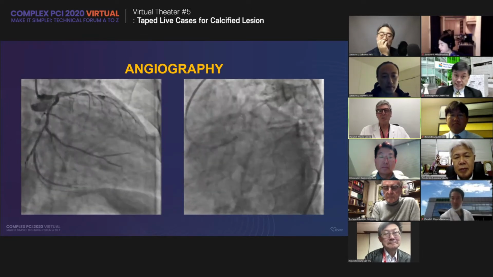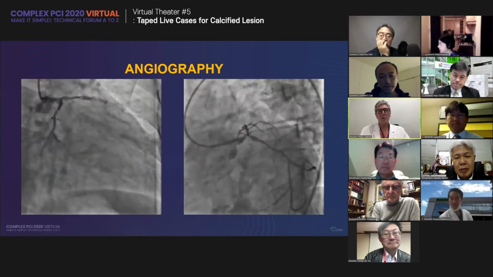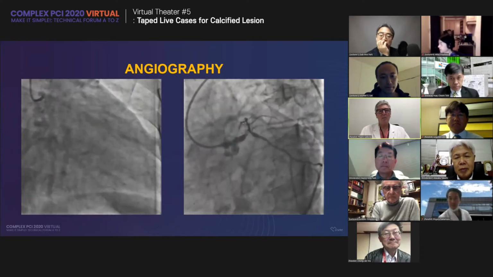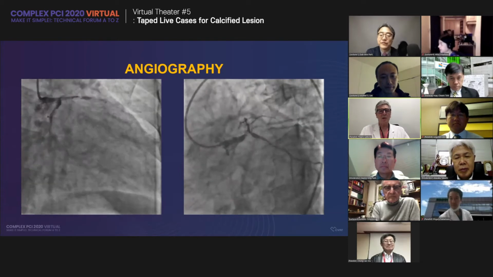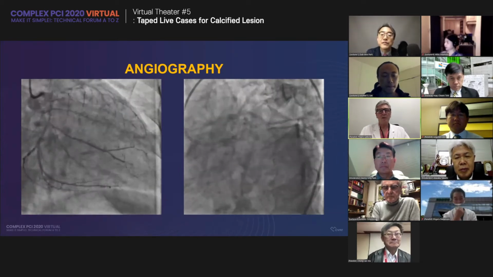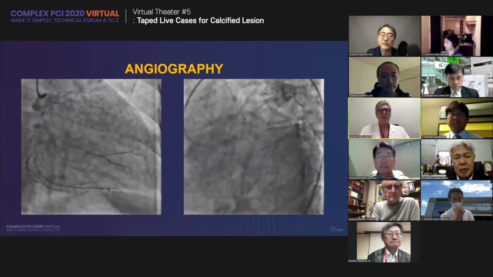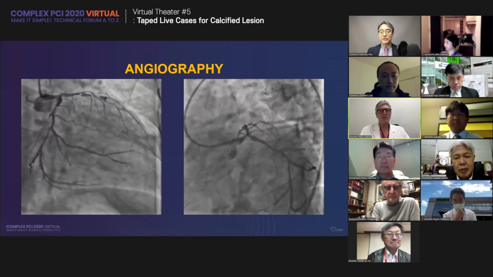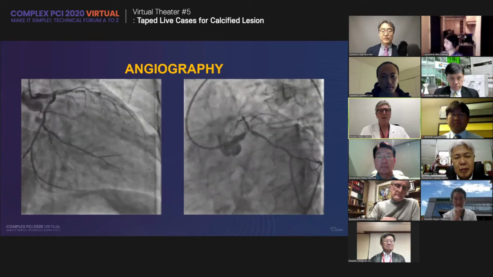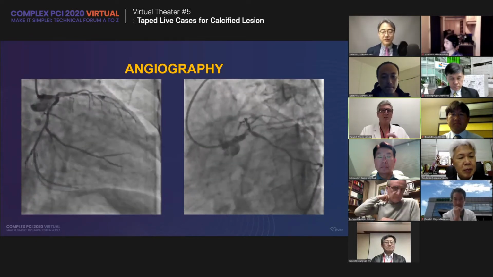But I think what can be interesting is to know where the viabilities of the patient are. So MRI can be very useful to make a good decision. We don't know if the distal LAD myocardium is okay or not, or on EKG there is something.